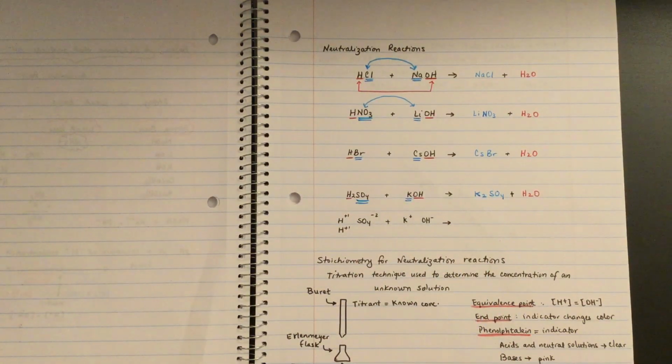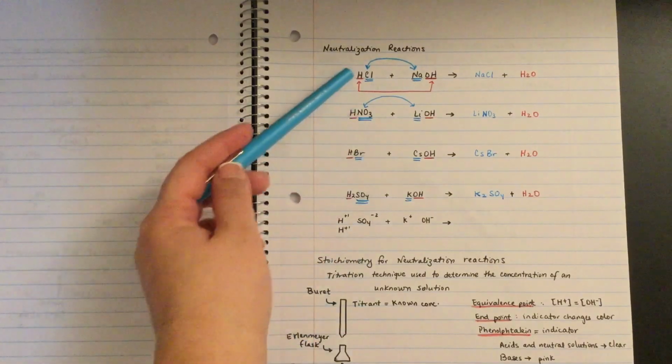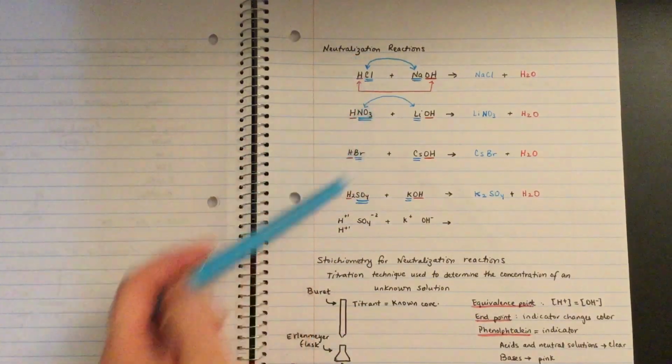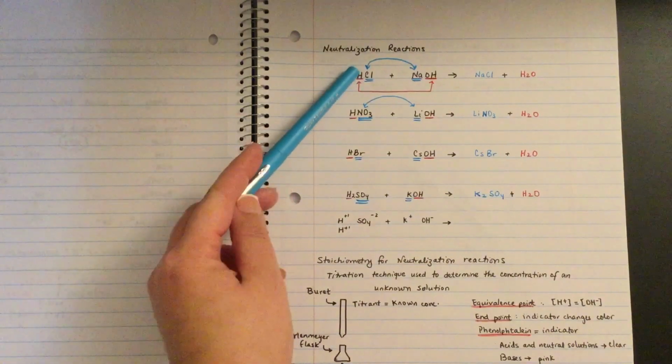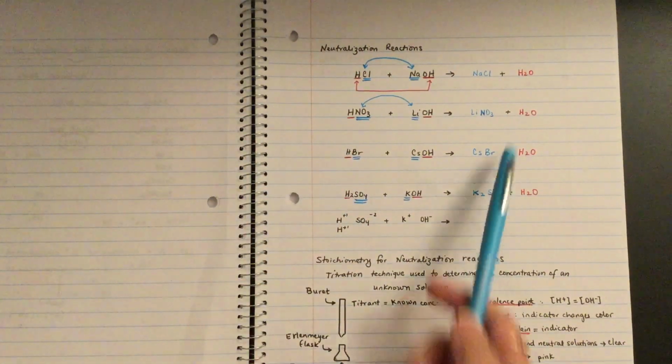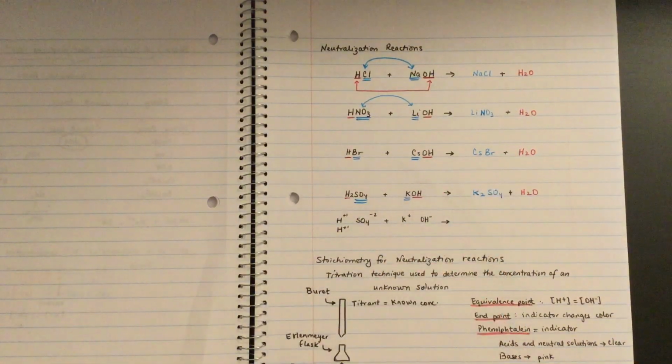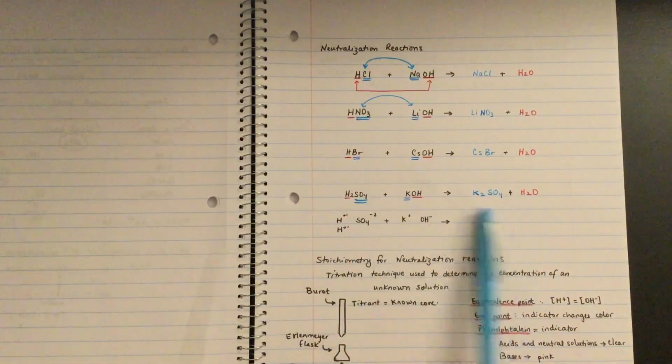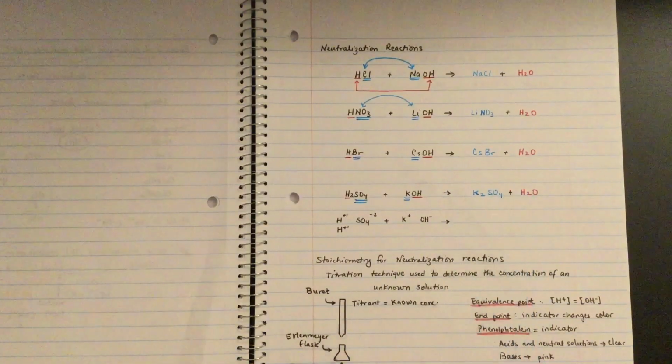And you can see that in this first three, actually in the 4 of them, but I want to go over this one after I finish with this. In these 3 here, we're getting water, and in the last one also water as a product. So water, it's the product of your neutralization reaction.